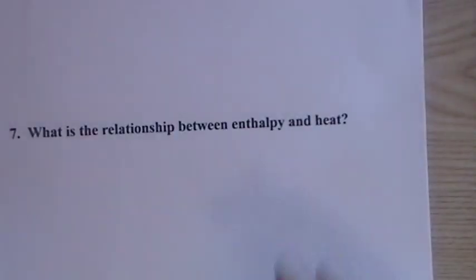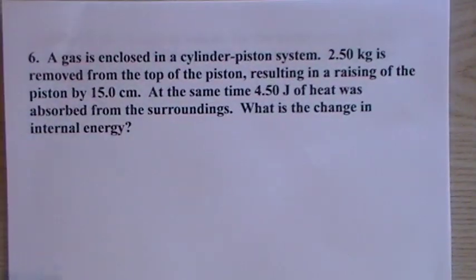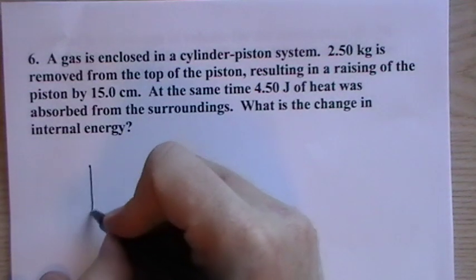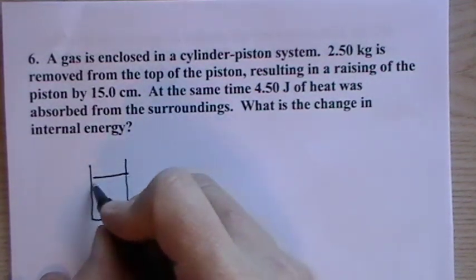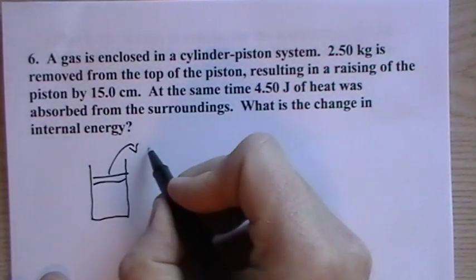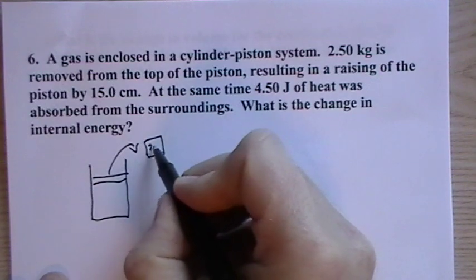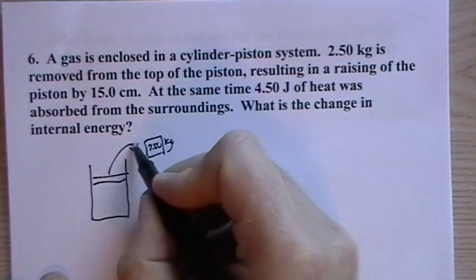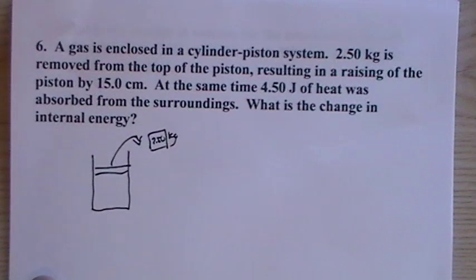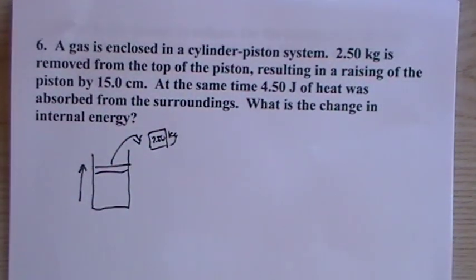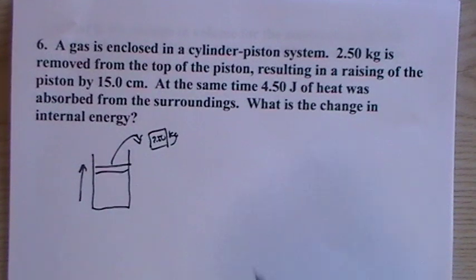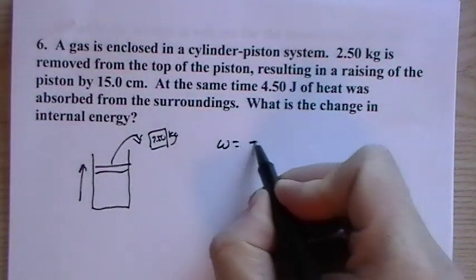Okay, and then let's do another one here. In this case, we have a plunger system where the mass is taken off. We remove 2.5 kilograms. That's taken off, so the plunger moves up, so that means the system does work on the surroundings, so the work is going to be negative.